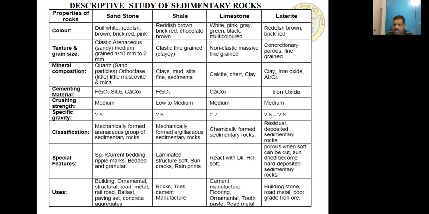Classification: residual deposited sedimentary rock. Special features: it is porous when soft, but it can be cut into different sizes and shapes. When it is dried, it becomes hard. Uses: it is used as building stones, road metals, and poor grade iron ore.